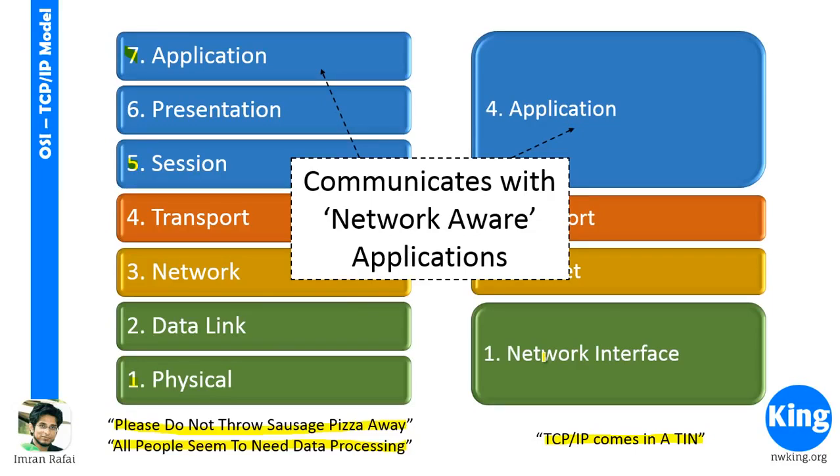A lot of authors, I have heard them say that all the applications on your computer reside on this application layer, which is not true. Application layer deals with only applications that are network aware, and all the applications on your computer have nothing to do with the application layer if they do not communicate on the network.